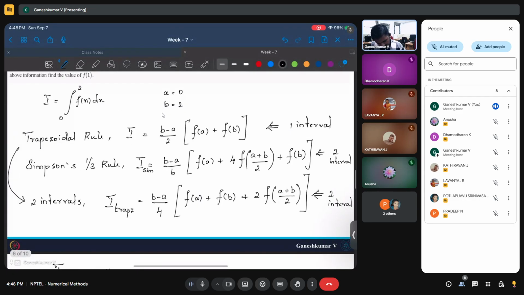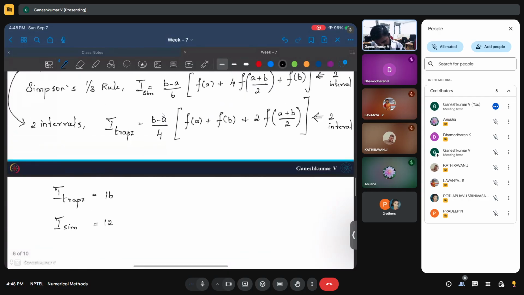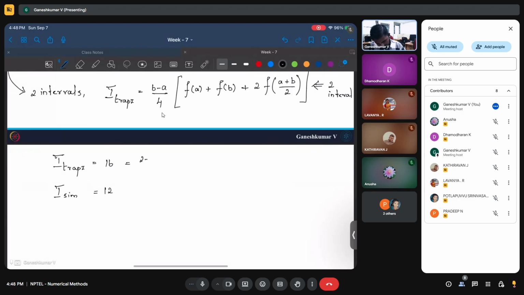For example, a is 0, b is 2, so this is (2 minus 0) by 4, which is 1 by 2. So I'm going to write 1 by 2 times f of 0 plus f of 2 plus 2 into f of (a plus b) by 2, which is f of 1.